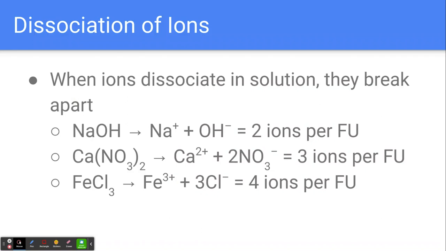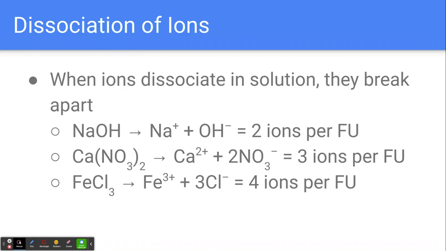Now, when we break into ions, they're going to produce specific ions. So sodium hydroxide is going to produce the sodium ion and one hydroxide ion. So there's 2 ions per formula unit. That's what FU stands for. The next one, calcium nitrate, we're going to produce 1 calcium ion and 2 nitrate ions.